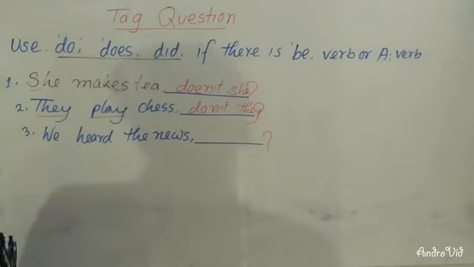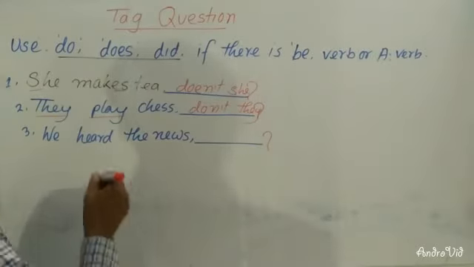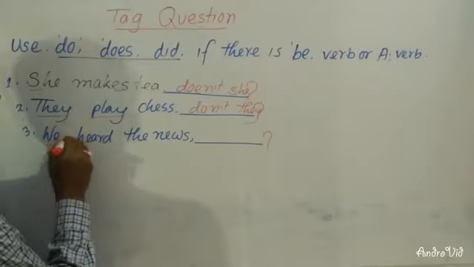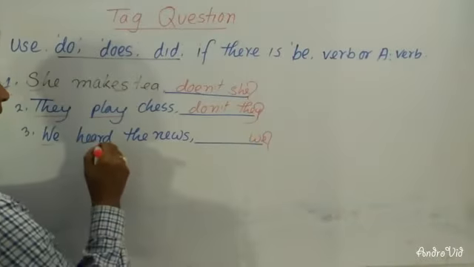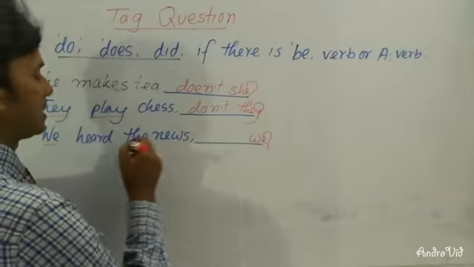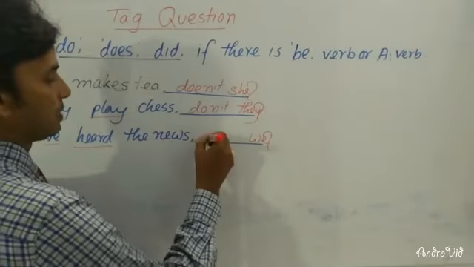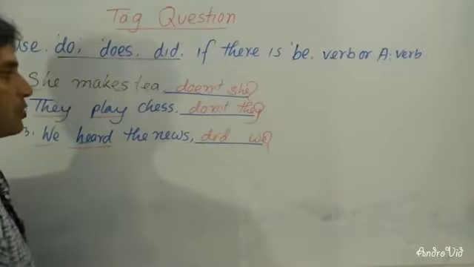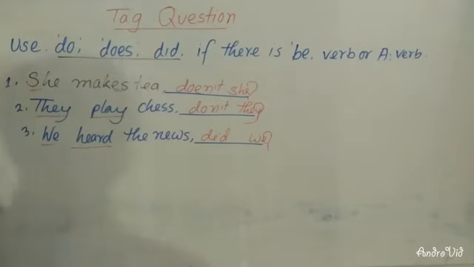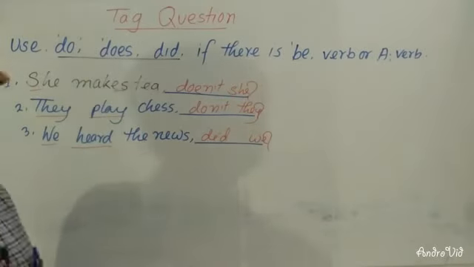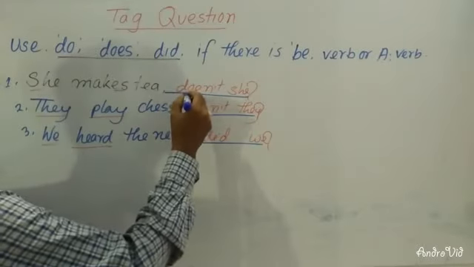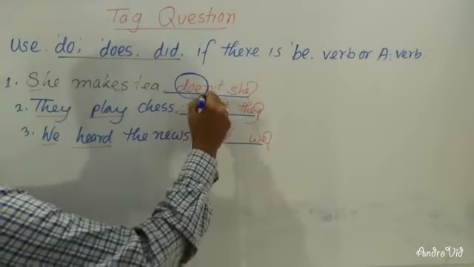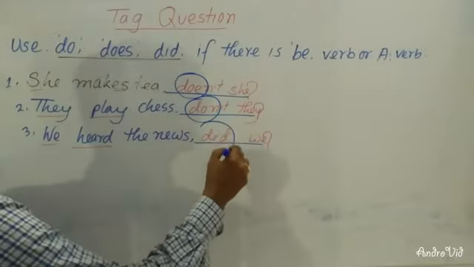She makes tea, doesn't she? And we heard the news, so "we" is the subject here. So you will write here "we", and this is the past indefinite tense. So you will have to write here "did" because there is no be verb or auxiliary verb. You can see on the board that as there is no be verb or auxiliary verb, I have used here does, do, and did.